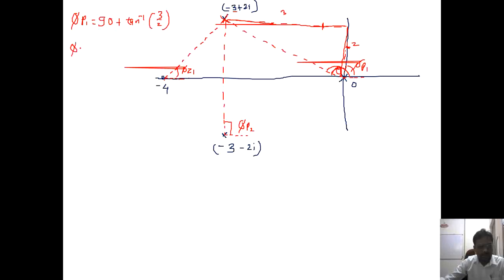So phi p1, you will get tan inverse 3 by 2, 56.30, 90 plus 56.30.